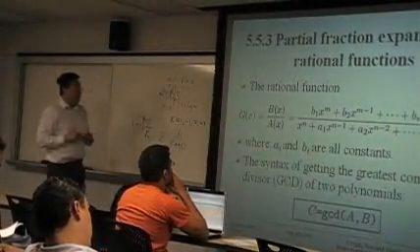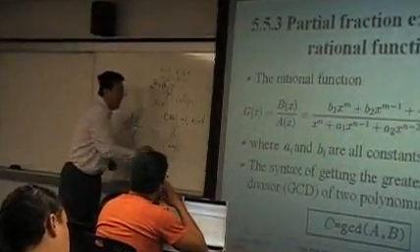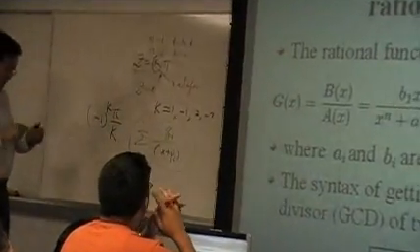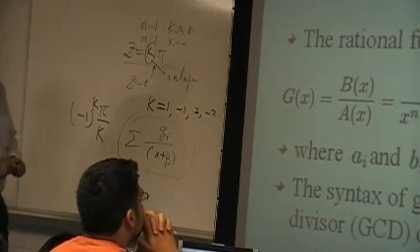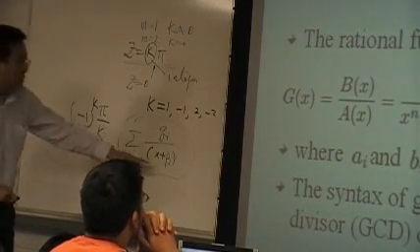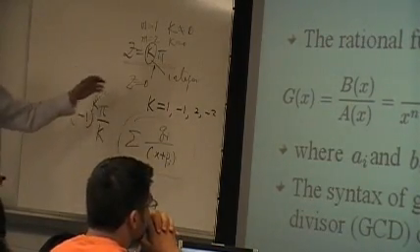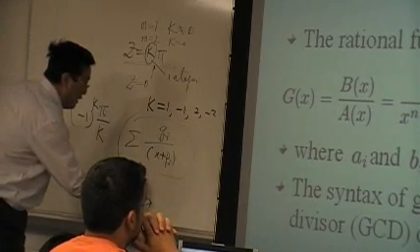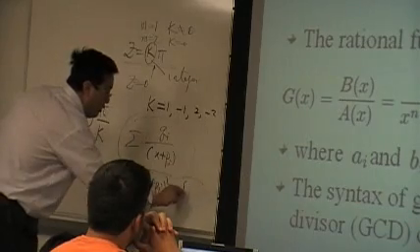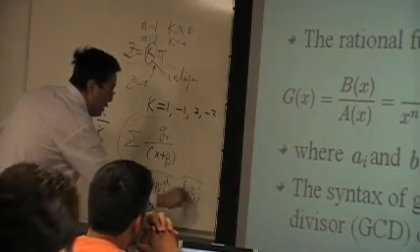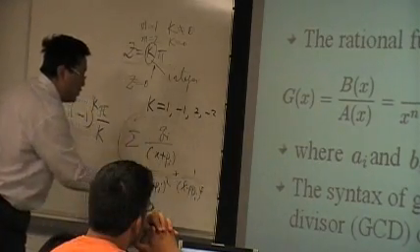If there are repeated poles, we have to write terms like (x plus p) squared, (x plus p) cubed, something like this.